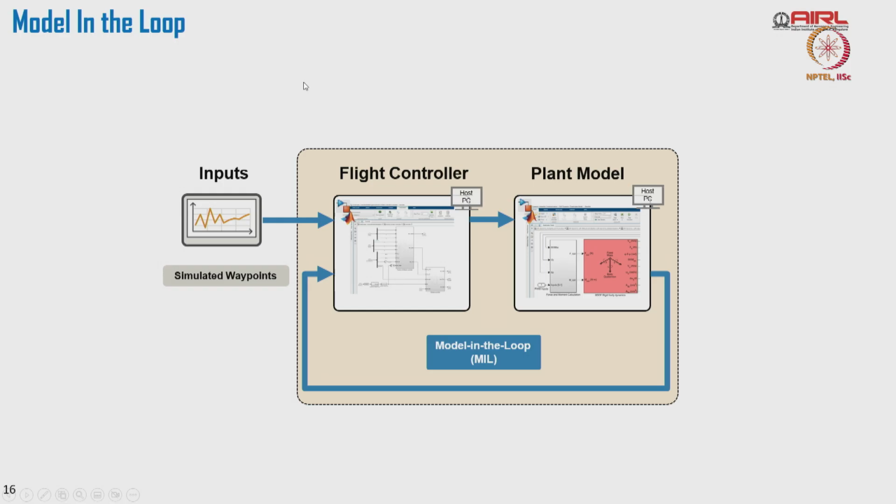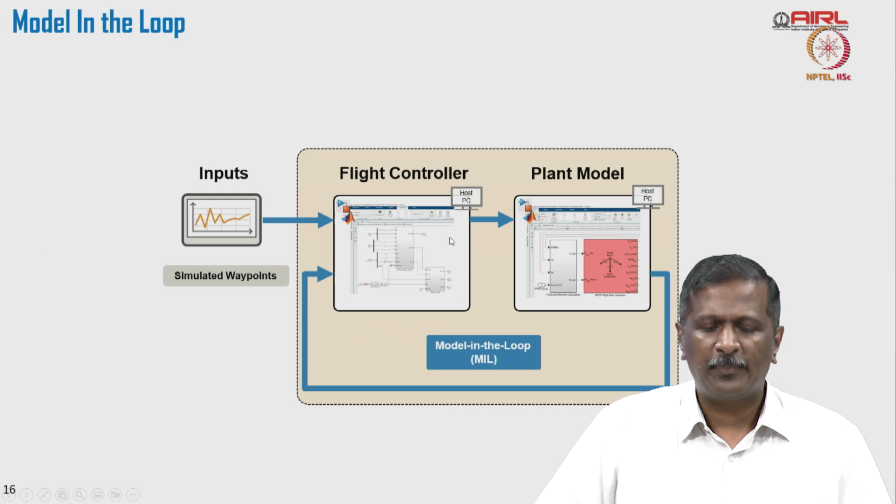Let's just focus on the model in the loop aspect of it. I'm abstracting out from the previous slide where we talked about the ground control system. Instead, I'm going to say there is an input. The input basically tells me the waypoints that I need to follow. That waypoint I can take up and just say this is my trajectory.